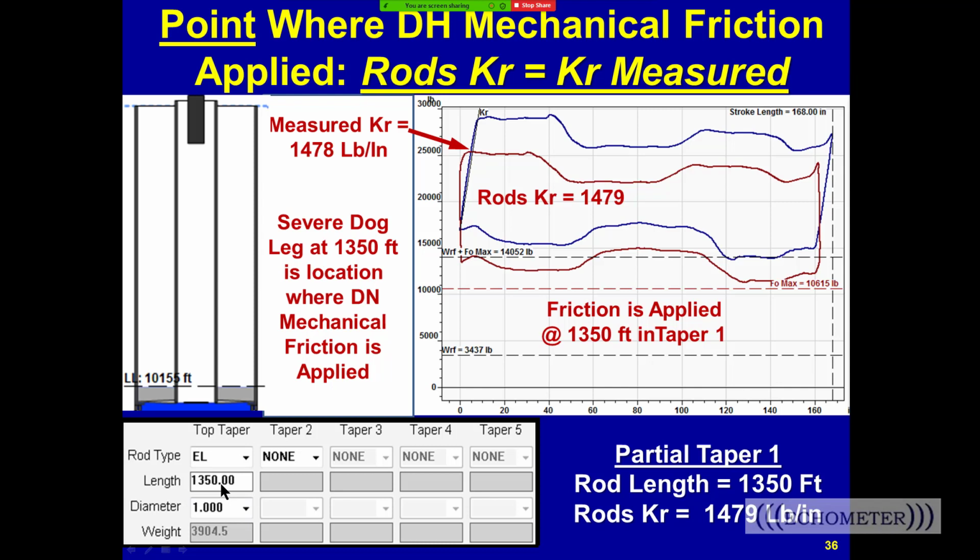And so I knew who had this well, so I said, Clint, can you send me the deviation survey, because I think there's a bad dog leg at 1,350 feet from the surface. He said, sure.